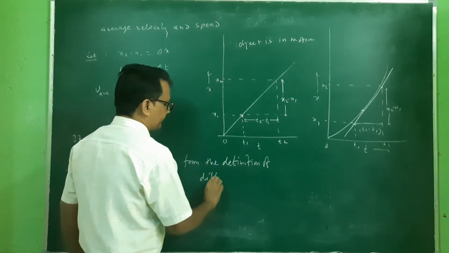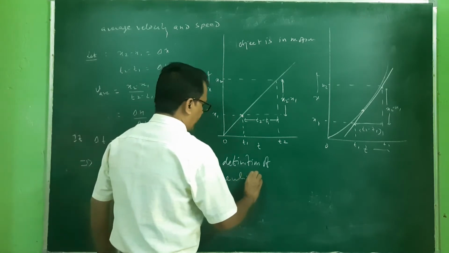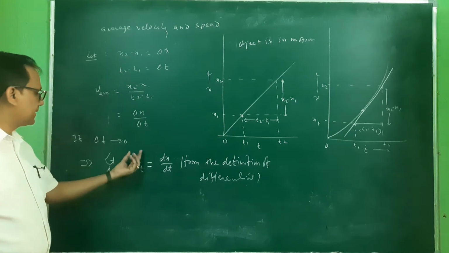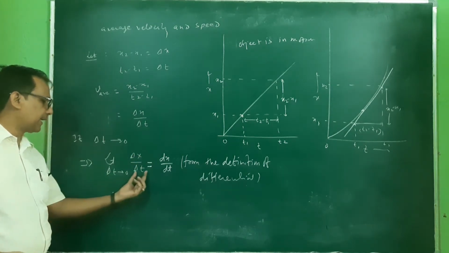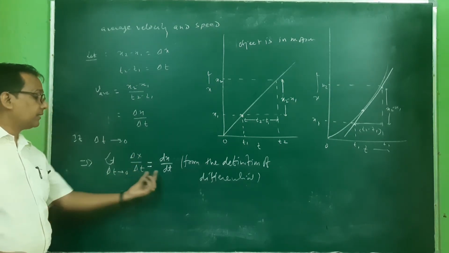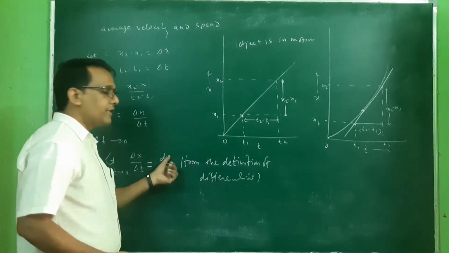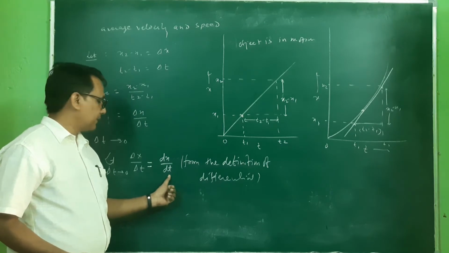This is from the definition of derivatives, differentials. So from the definition of differential, one can write this delta x by delta t, when the denominator delta t tends to 0, as equal to dx by dt, meaning the differentiation of x with respect to time.